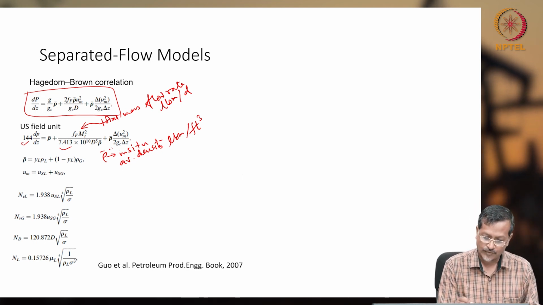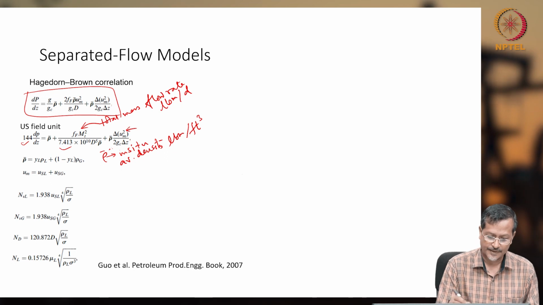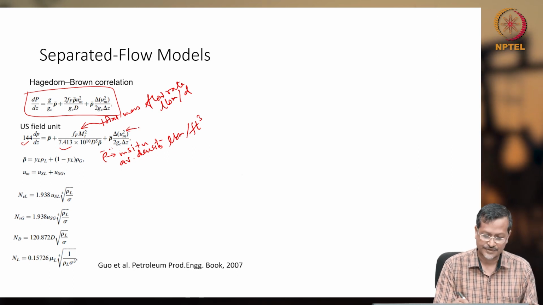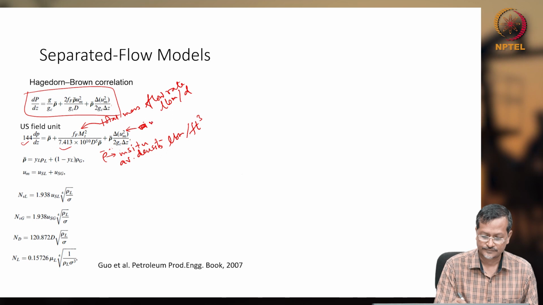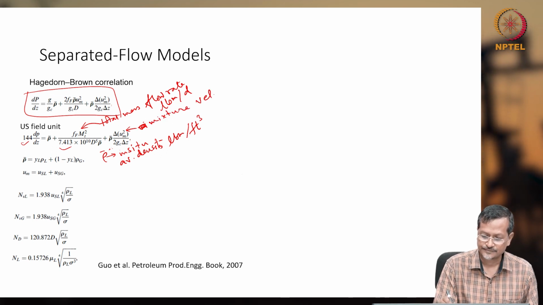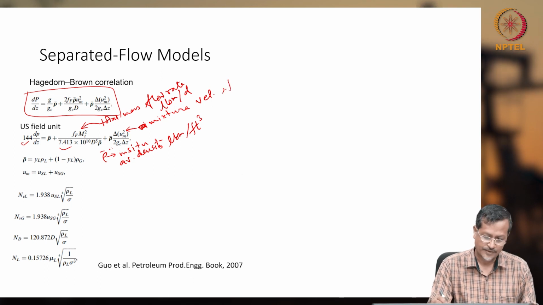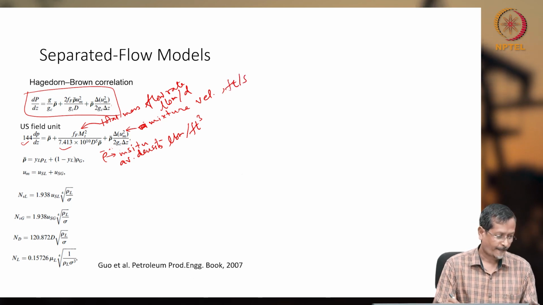One term is u_m, the mixture velocity, and the unit will be feet per second.